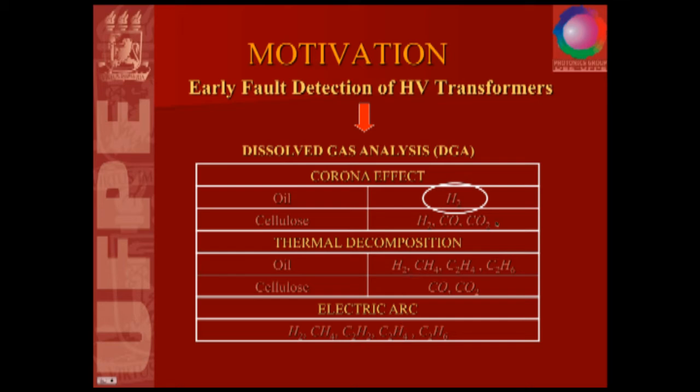There are some minimum concentration requirements so that these markers are showing a certain amount of malfunction in the equipment. And for most of these gases, we have absorption spectroscopy with wavelength modulation techniques that enable you to detect those gases very efficiently.